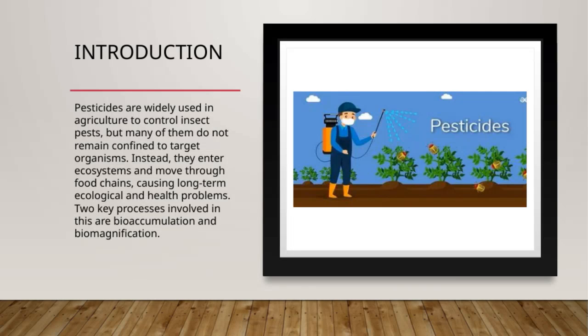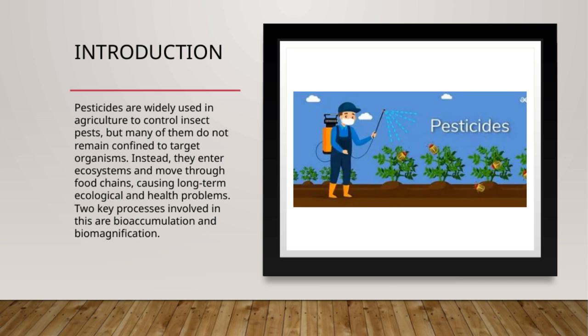Pesticides are widely used in agriculture to control insect pests, but many of them do not stay confined to the target organisms. Instead, they often enter ecosystems and move through food chains. This movement can lead to long-term ecological and health problems that are quite concerning. Two key processes that explain how pesticides accumulate and magnify in the environment are bioaccumulation and biomagnification.